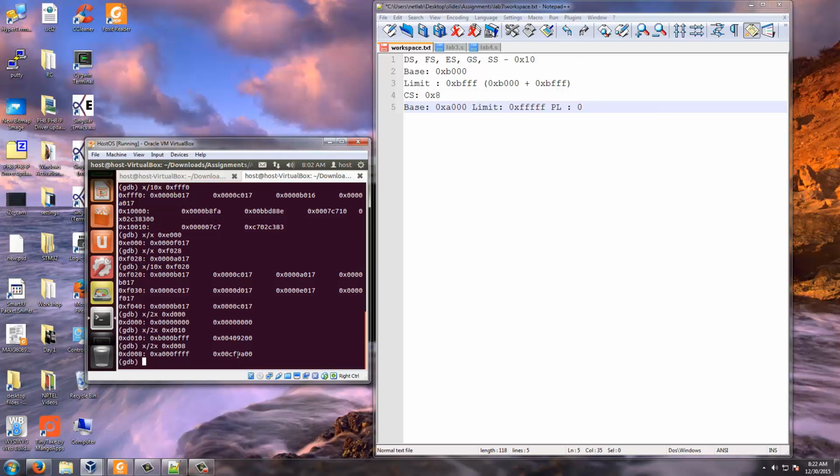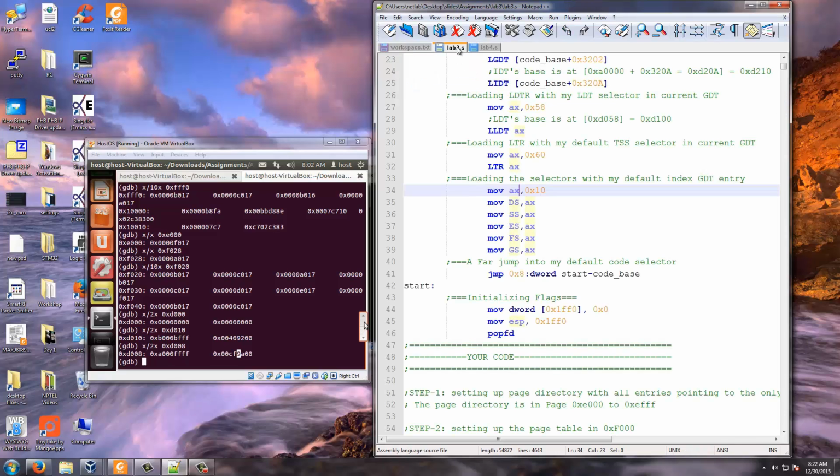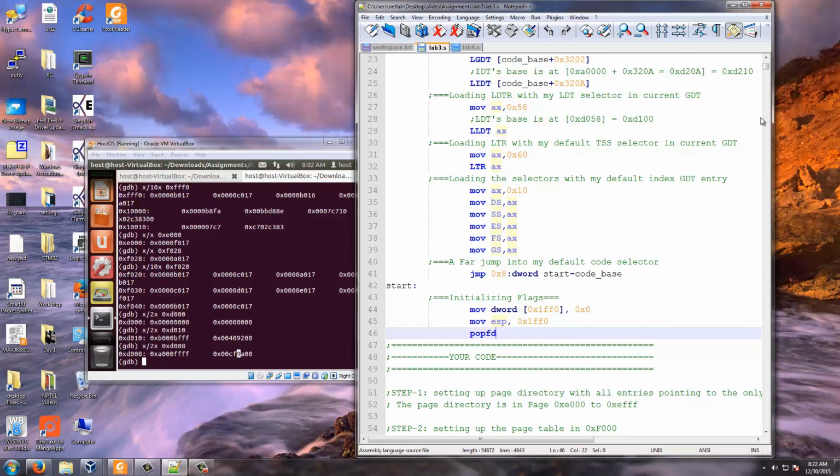You can just go and interpret. I hope by now you are all very clear with segmentation. So this basically gives you that privilege level, right? And here also the privilege level is 0 for all. Okay, so this is basically where we are when you come here, and your stack pointer currently is at 1FF0, right?